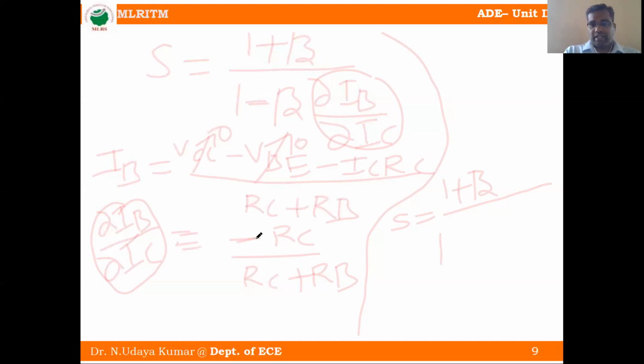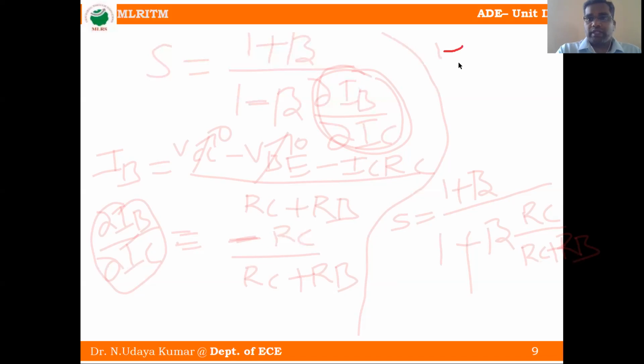So minus, already it is a minus, so minus into minus is plus. Then beta as it is. So dou IB by dou IC value is this one, RC divided by (RC plus RB). So I wrote here the same thing.